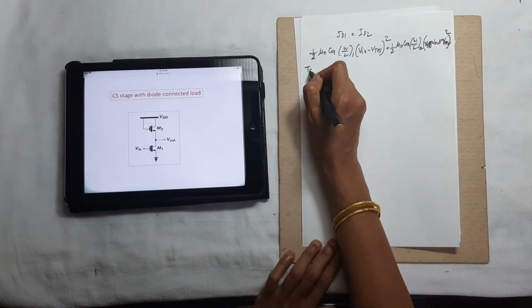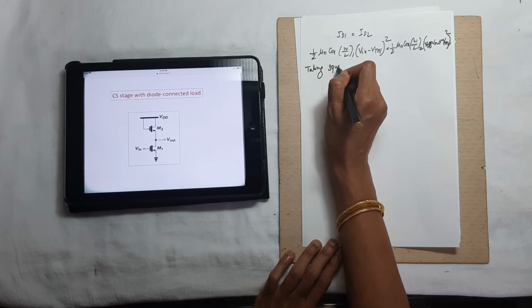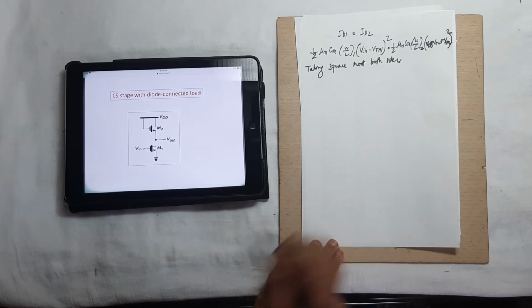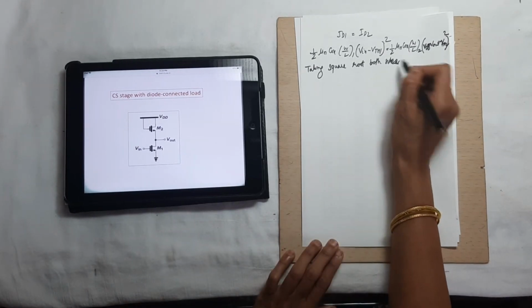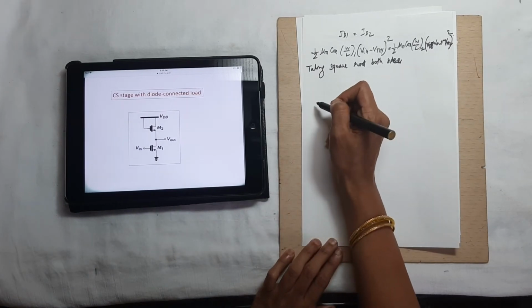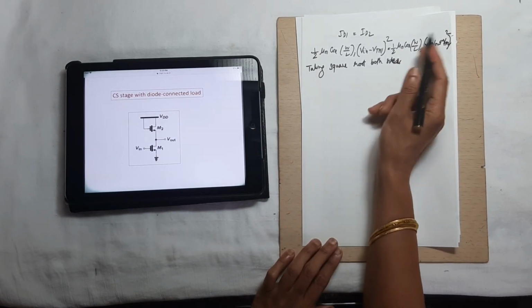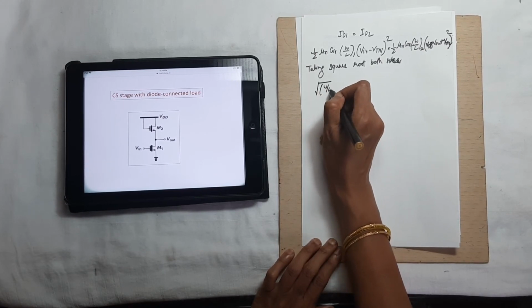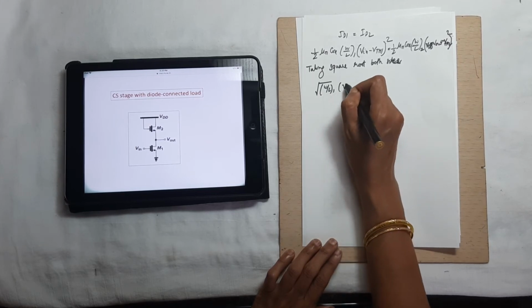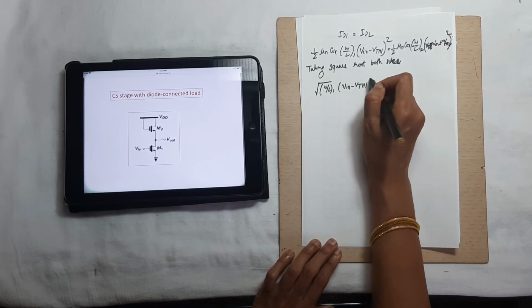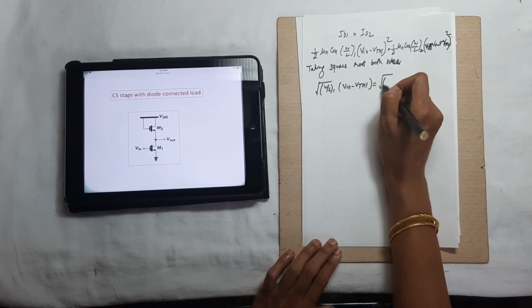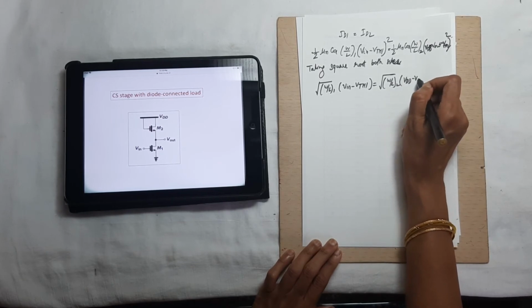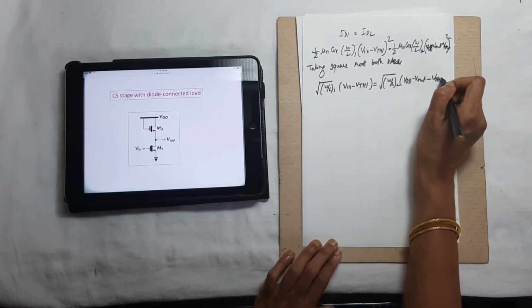Taking the square root on both sides, this square and this square cancel out. We have square root of W by L of the first transistor multiplied by Vin minus VTH1 is equal to square root of W by L of the second transistor multiplied by VDD minus Vout minus VTH2.